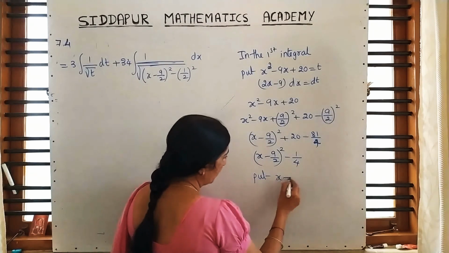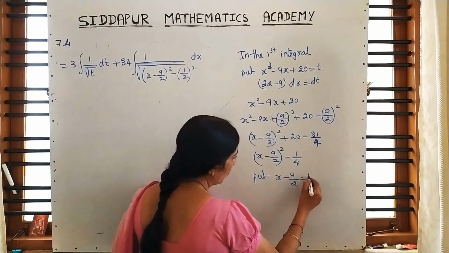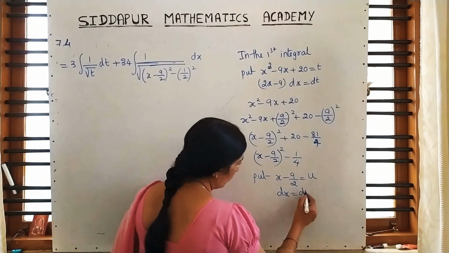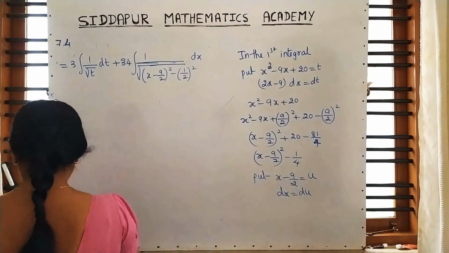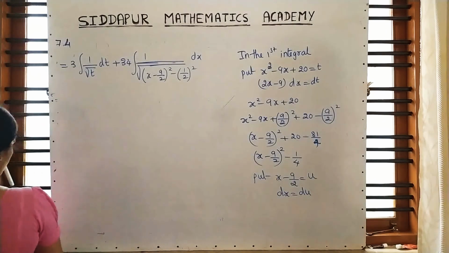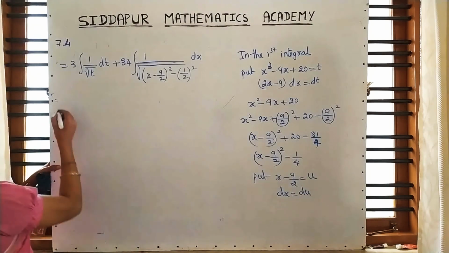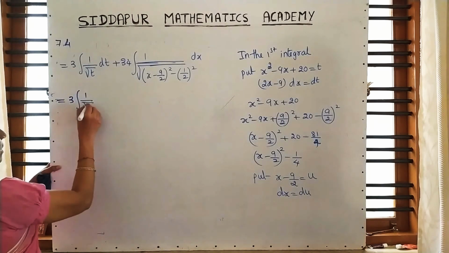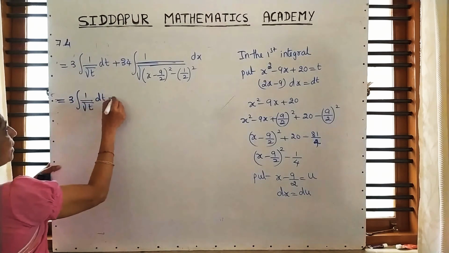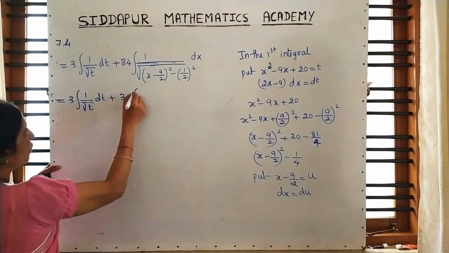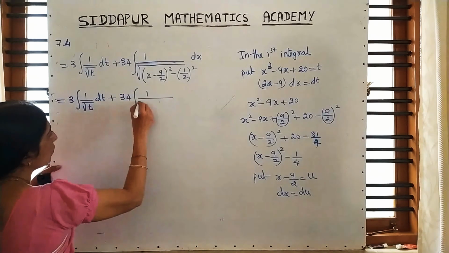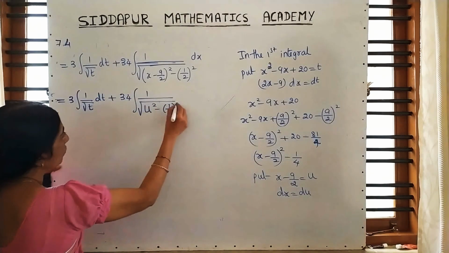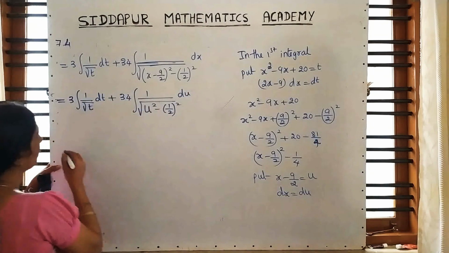For our convenience, put x minus 9 by 2 as u, because t we already took. dx is equal to du. So this is 3 into 1 by root t into dt plus 34 into 1 upon root of u square minus 1 by 2 square into du.